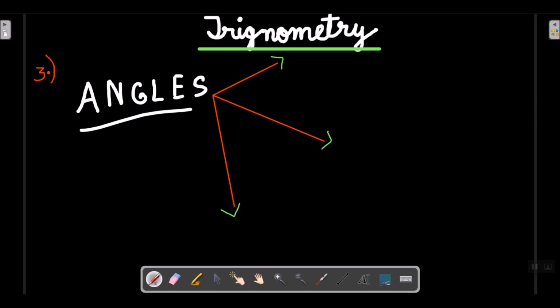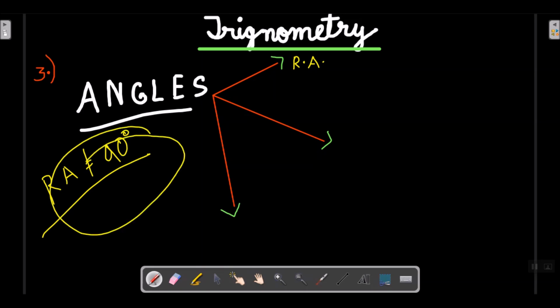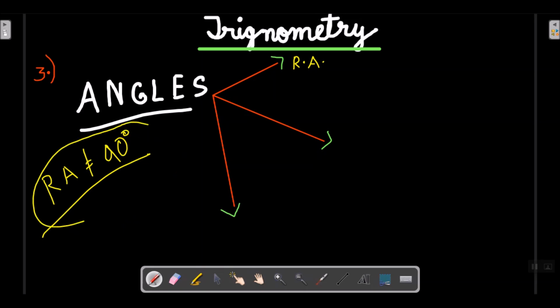So if we take a right angle, we don't know that a right angle is 90 degrees. So for now, a right angle is not known to be 90 degrees. Okay, so we just know that there is a right angle, there is a thing called this. Let me do it more clearly. So this is the thing.